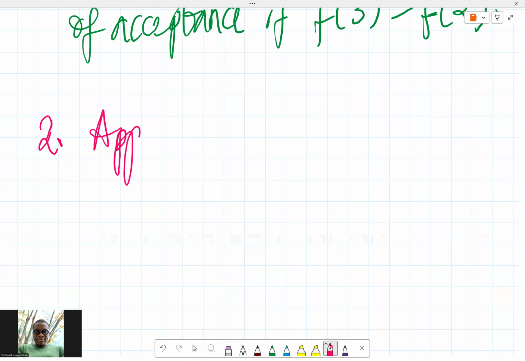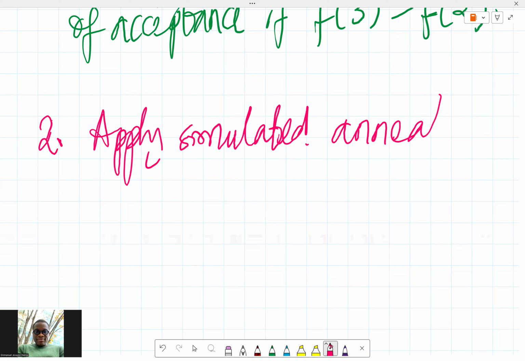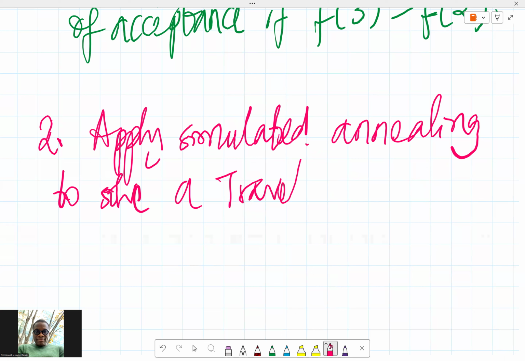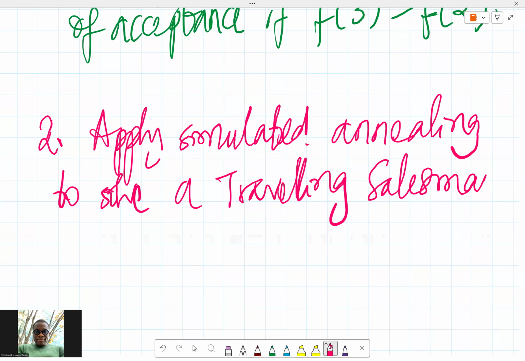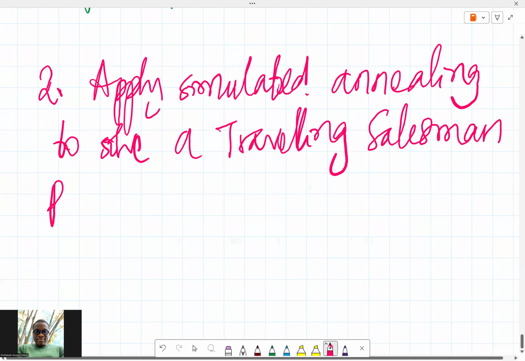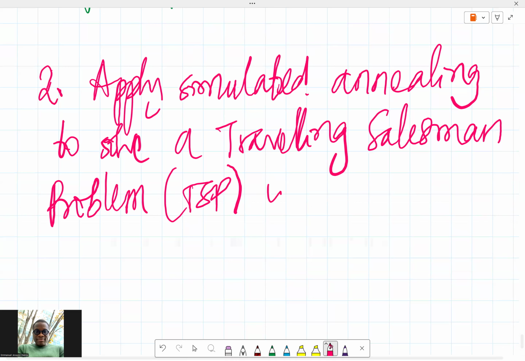Apply simulated annealing to solve a traveling salesman problem (TSP) with 4 cities.